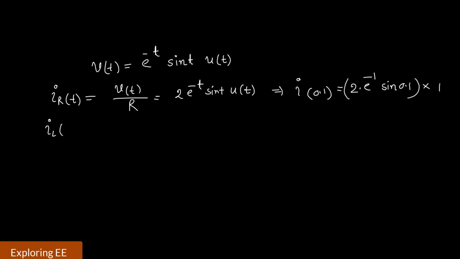Inductor current I_L(t) can be obtained as 1 by L integration of e to the power minus t sin t dt. The limit is 0 to t.